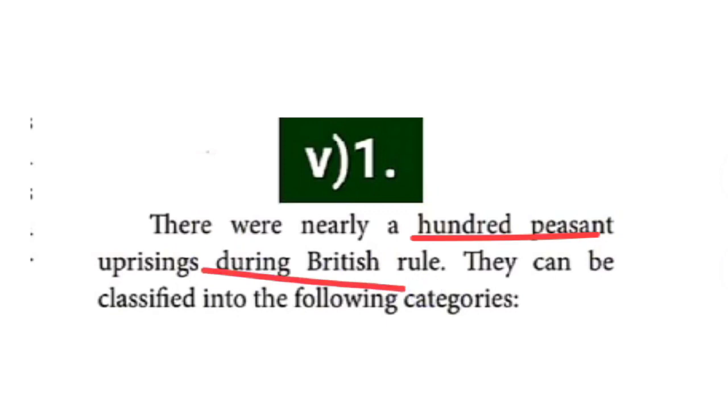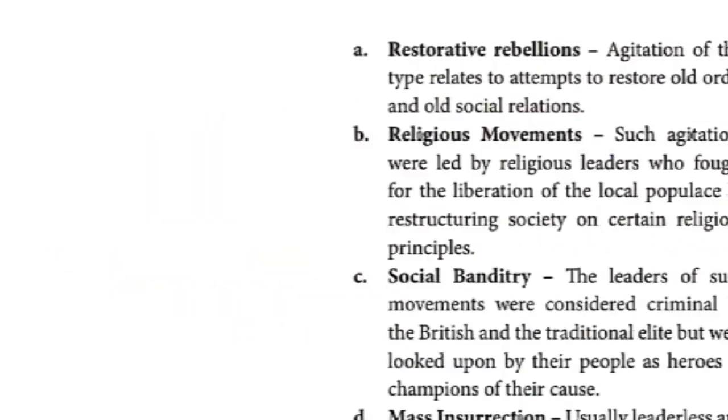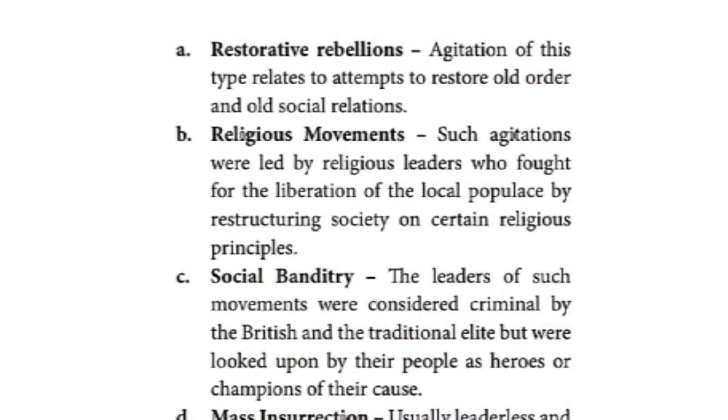So they can be classified into the following categories. Under that, 4 categories are given. Under these 4 categories only, rebellions broke out against British rule. That one we are going to check now, children.